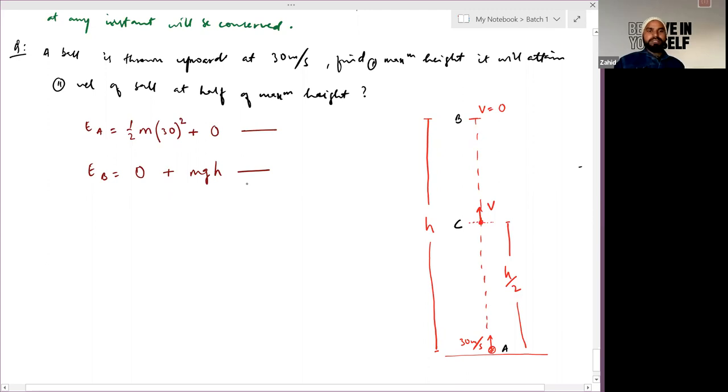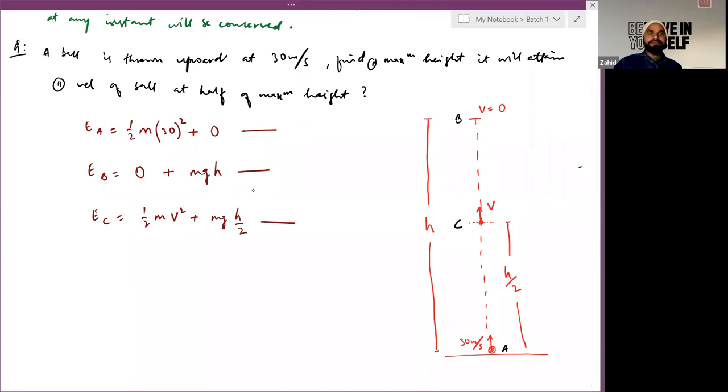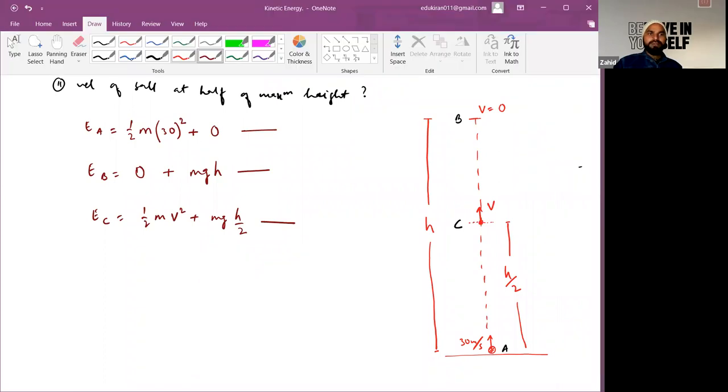Just equate these two terms and you will get the height attained by the ball. Similarly, energy at point C will be half m v squared, and potential energy will be mgh by 2. Just equate this to either of the two above and you will get the velocity. Try to solve.